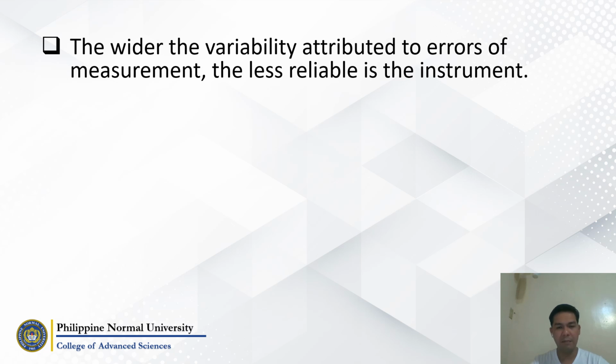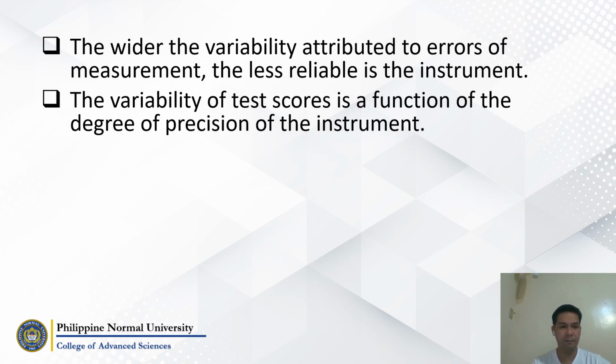Remember, the wider the variability attributed to errors of measurement, the less reliable is the instrument. So we better check our instrument first, especially its reliability, before administering it to actual participants.